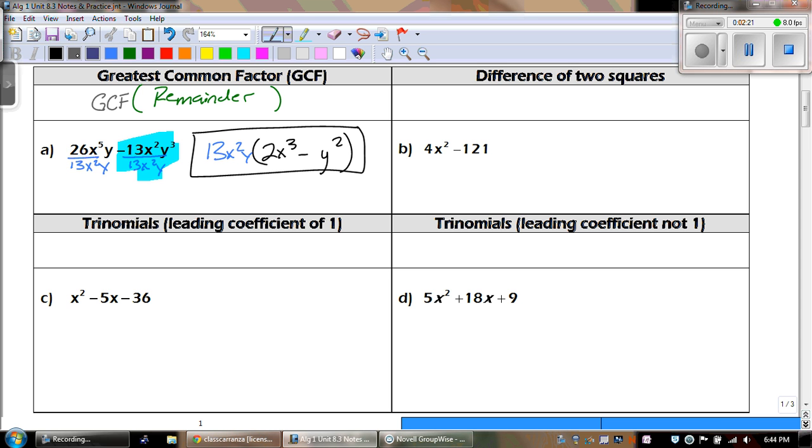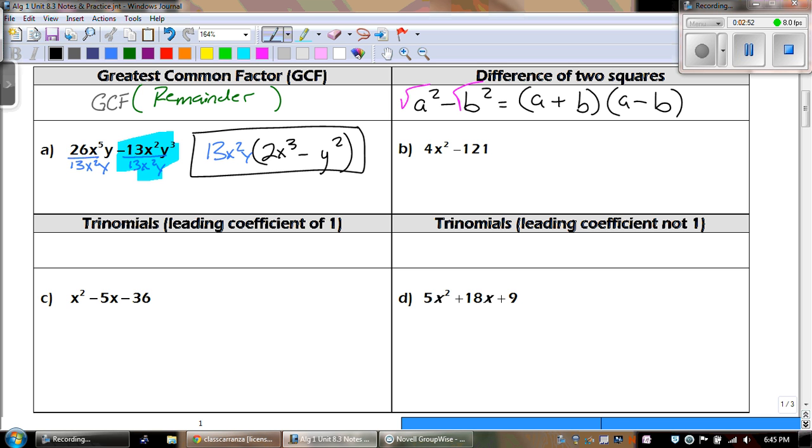Now, next thing we talked about was the difference of two squares. That's when we have a quadratic binomial and we square root both sides. When we square root both sides, the square root of a squared is a, the square root of b squared is b, and then one's a plus and one's a minus.